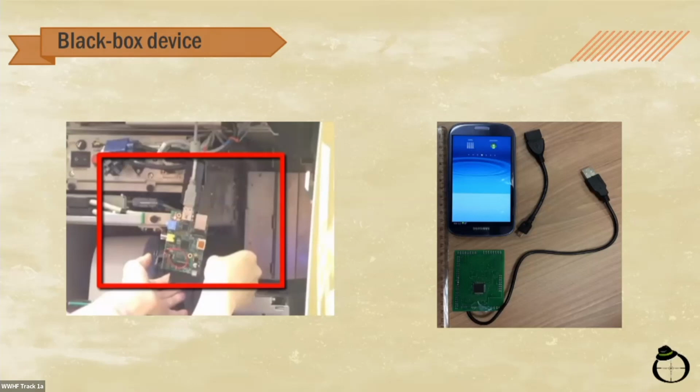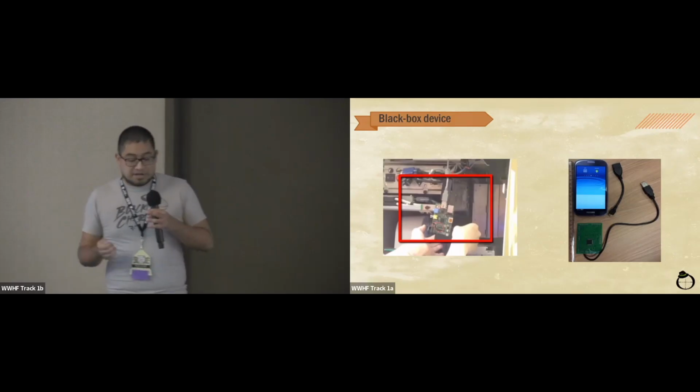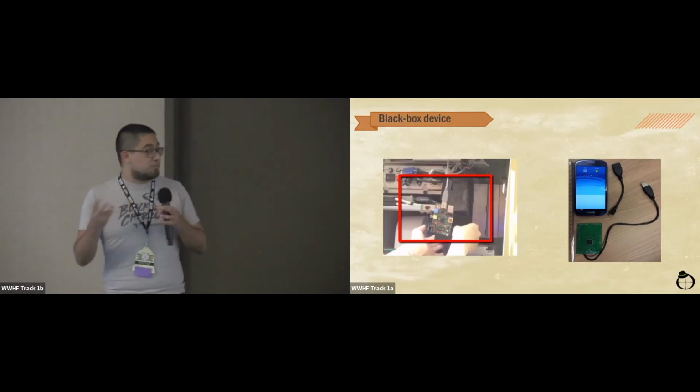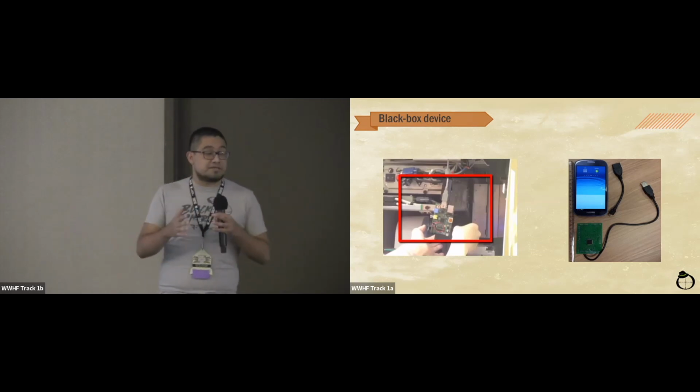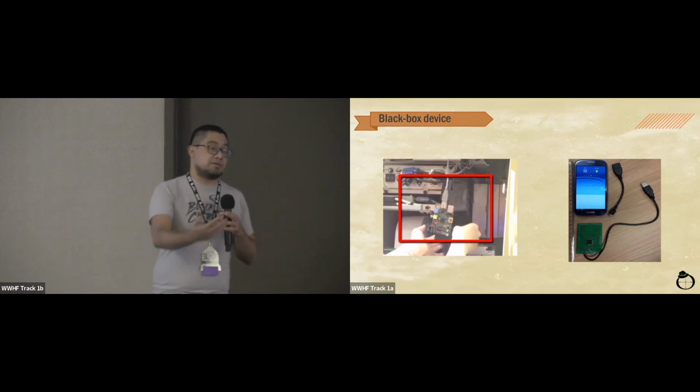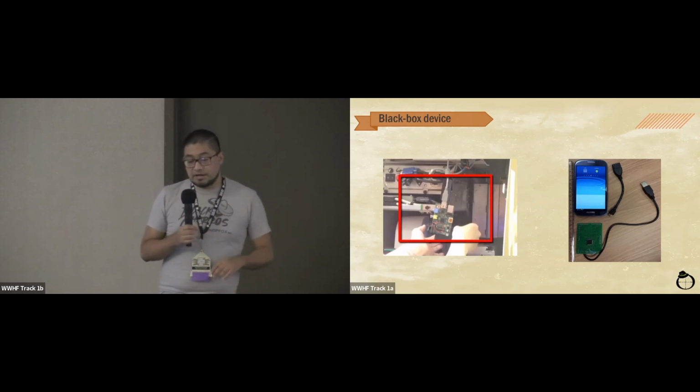They can connect it to a Raspberry Pi, to a laptop, to a cell phone, to whatever they have prepared. In that black box device, they have already programmed it to say, hey, dispense the money.